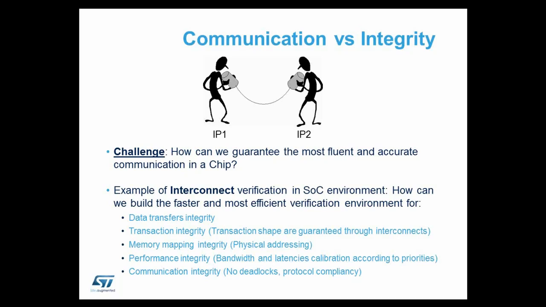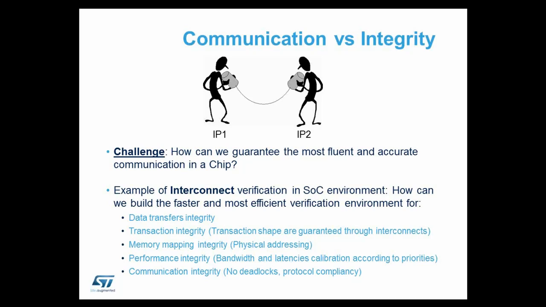Verification of interconnects could be structured in many levels. The first one is the verification of the interconnect as an IP, to be sure that the basic functionality is correct. We have to be sure that the interconnect is able to make correct data transfers from master to slaves.